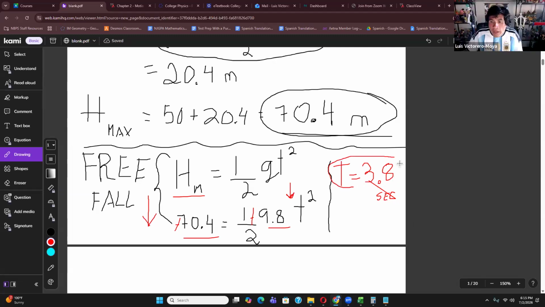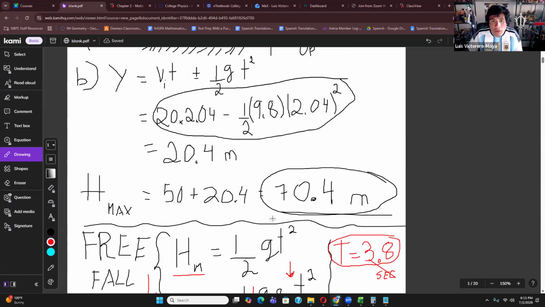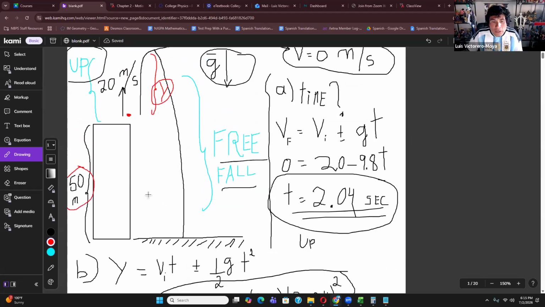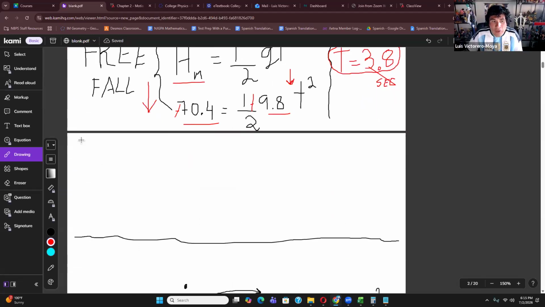So we have 3.8 seconds for the mass on free fall and 2.04 seconds when it went up. So the time to reach the ground, the total time, is how much? It's about 5 seconds, right?